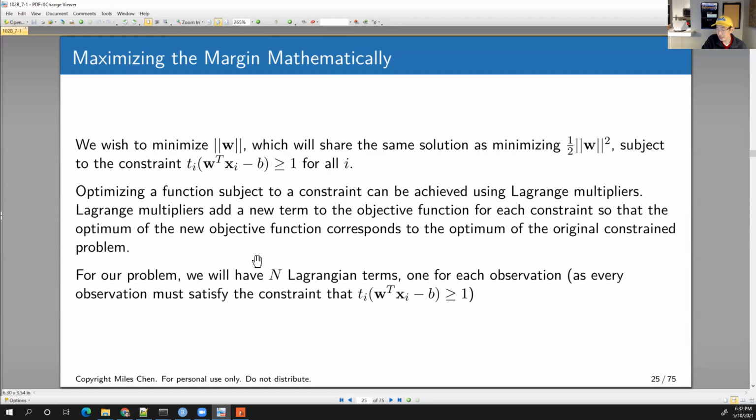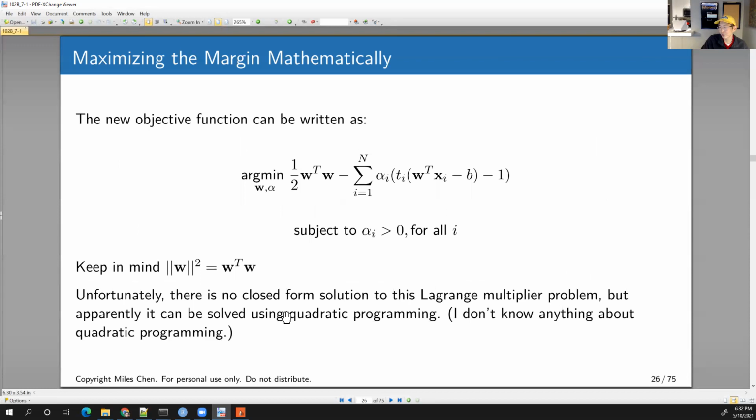So you're doing this constrained optimization, but you have to have all of these Lagrangian terms inside there. So it gets a little bit messy. Okay, so you have this. This is going to be our objective function. We want to minimize this.